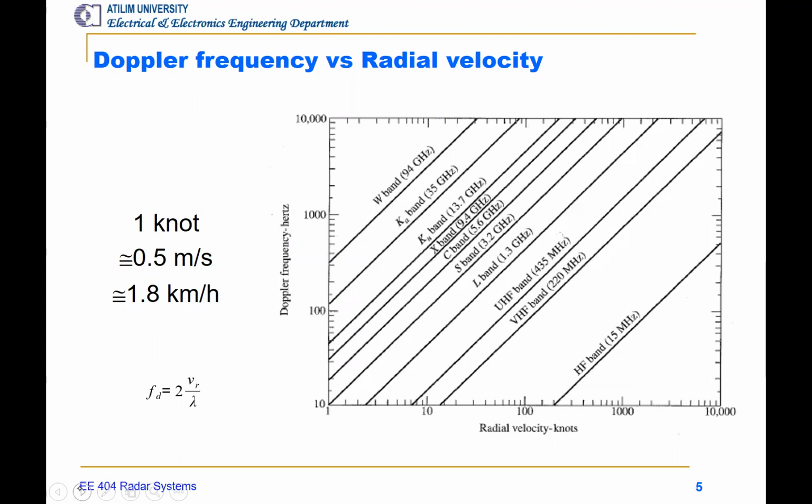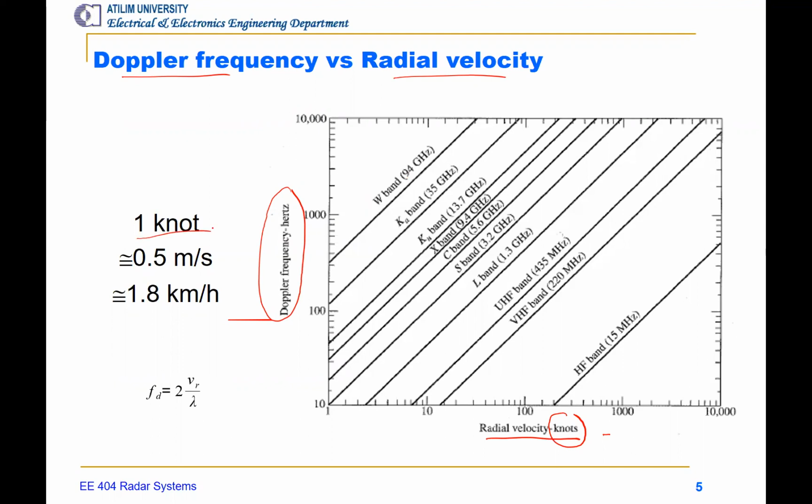Okay, let's see how Doppler frequency varies with radial velocity. Here you can see on the graph, we have radial velocity in knots. Here we have Doppler frequency in hertz. It's a logarithmic scale, as you can see, and we have the operational bands which are typical in radar systems.